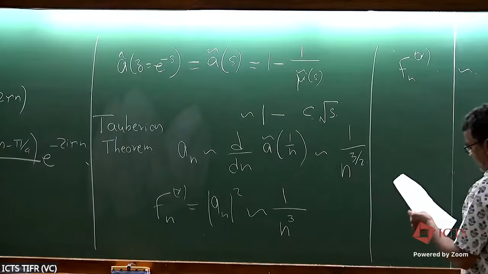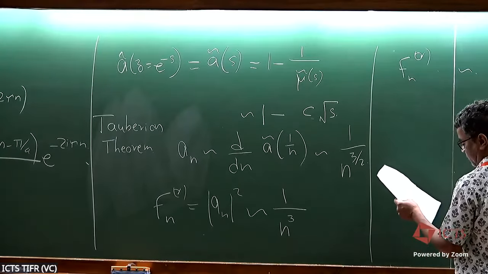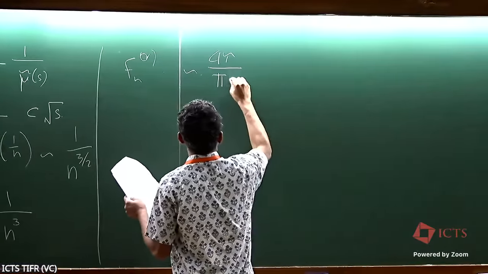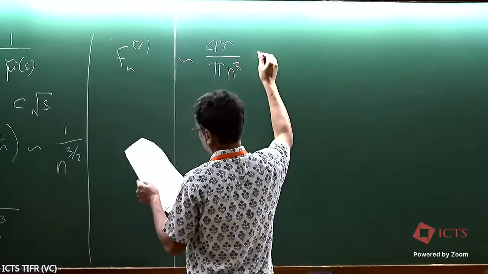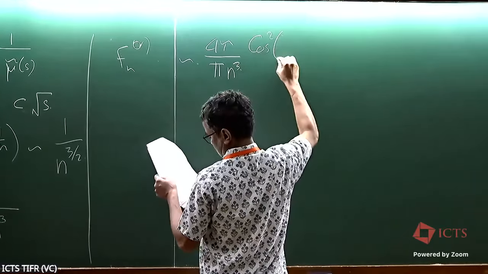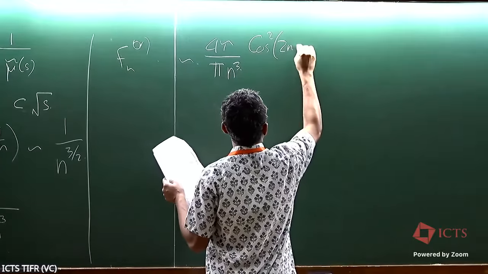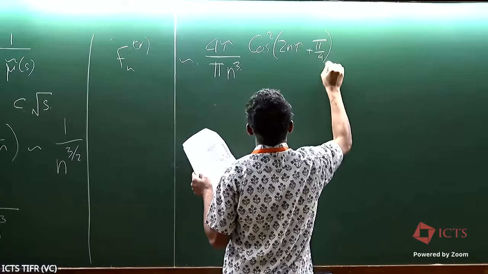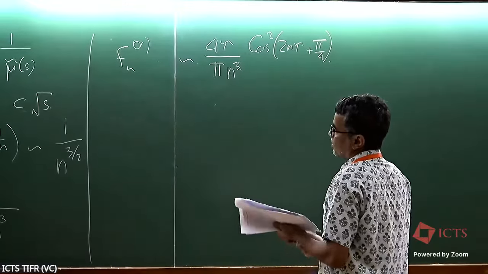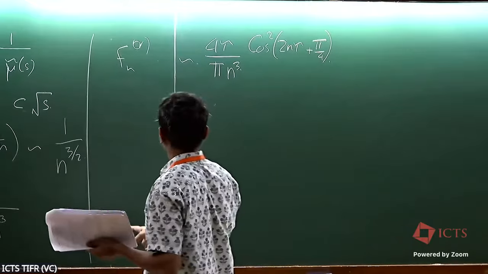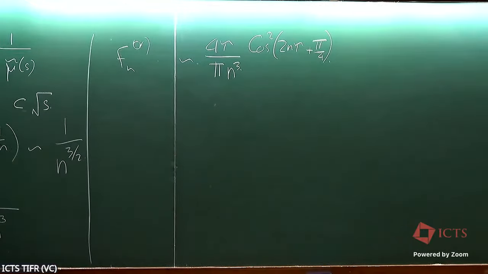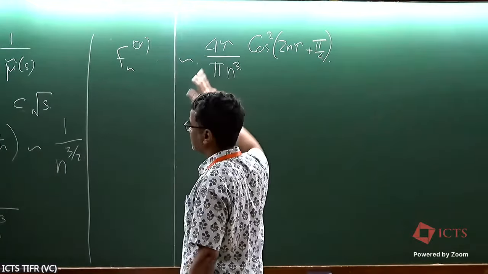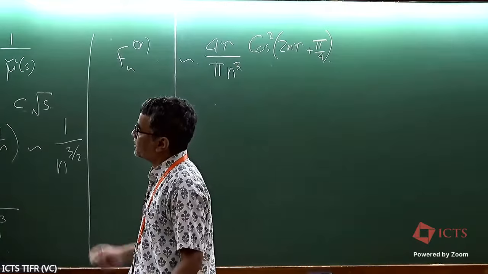This is again for large n, but the more exact form is... If you are a bit more careful with this cos and all, you can get this, but the prefactors are a bit difficult.